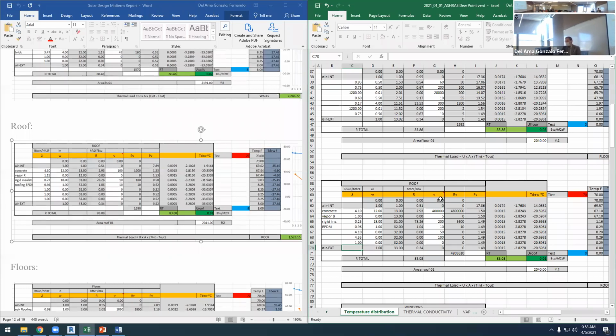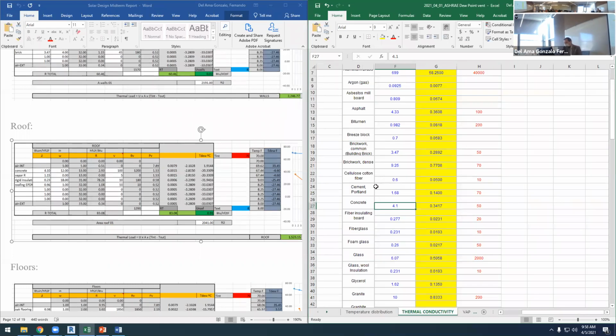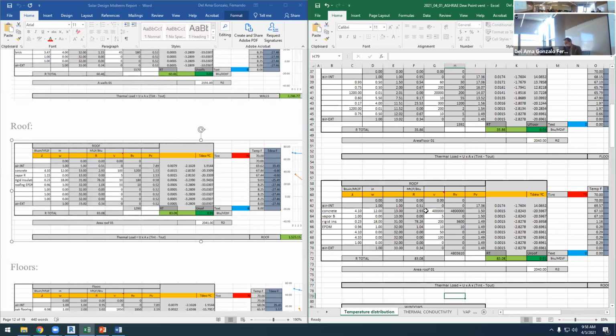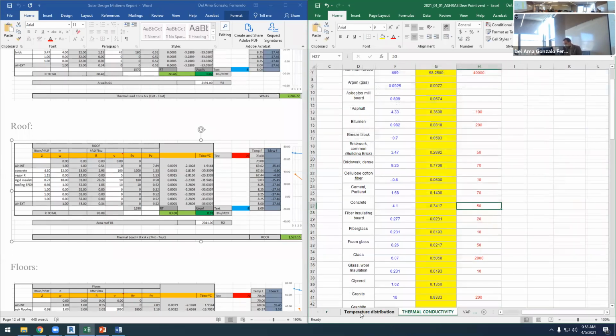But I don't think we have the vapor resistivity in Revit. So in Revit, we have to use this table. So if we are working with concrete, the vapor resistivity is 50. You have used 100. If you show me where you took these values from, that's fine. But I need to see the source of this. Is 500 or 50?